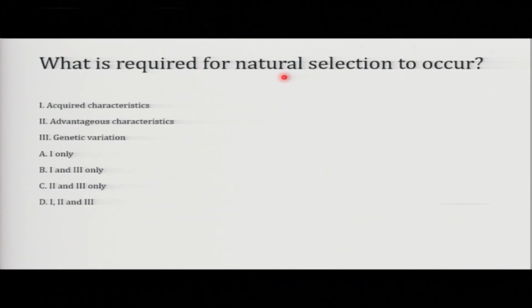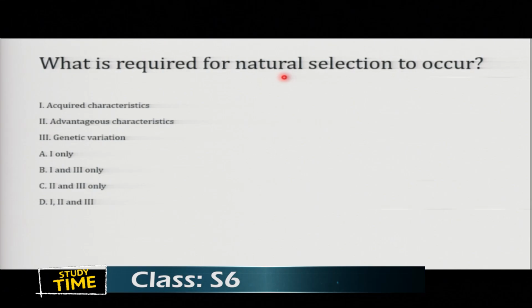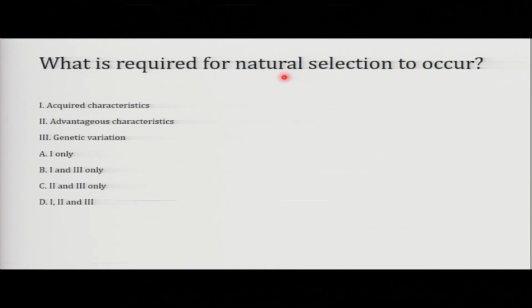What is needed for it to take place? Is it acquiring characteristics or inheriting them? So let's check. A is saying I only, which is acquiring characteristics. Natural selection: acquire, go to the gym, have 6 packs, stretch the neck of the giraffe, keep stretching your arms, and then you get taller, and then you're able to be the one allowed to live in taller houses? No.